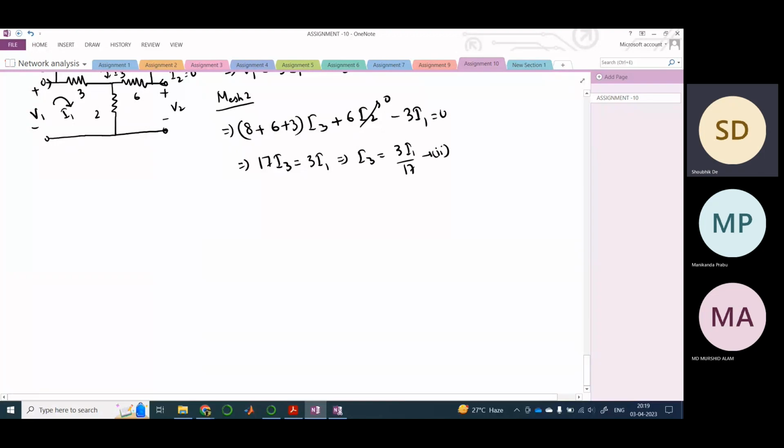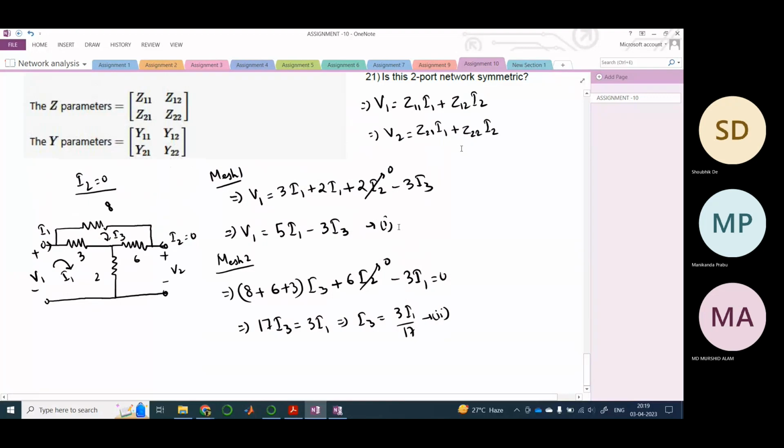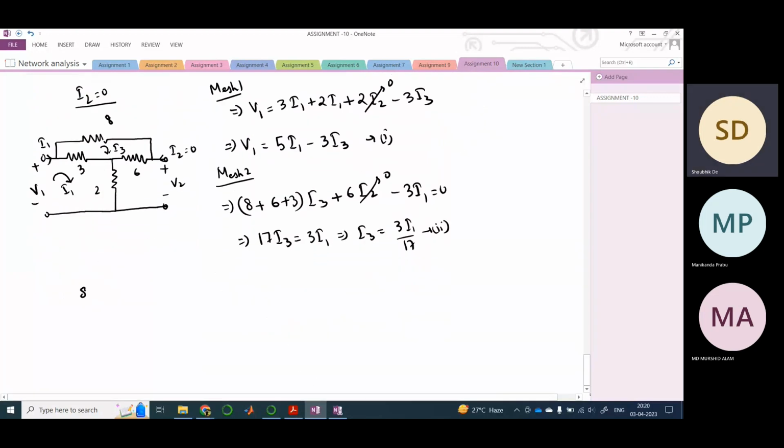This is equation 2. We will substitute 2 in 1. Therefore, here V1 equals I1 times 3 into 3 by 17.